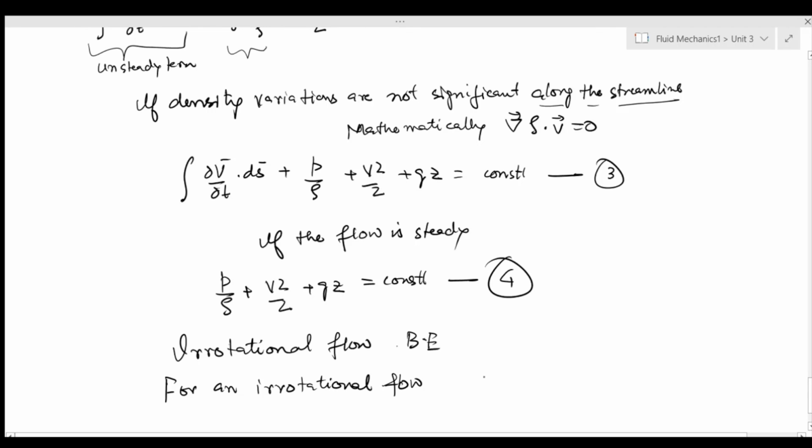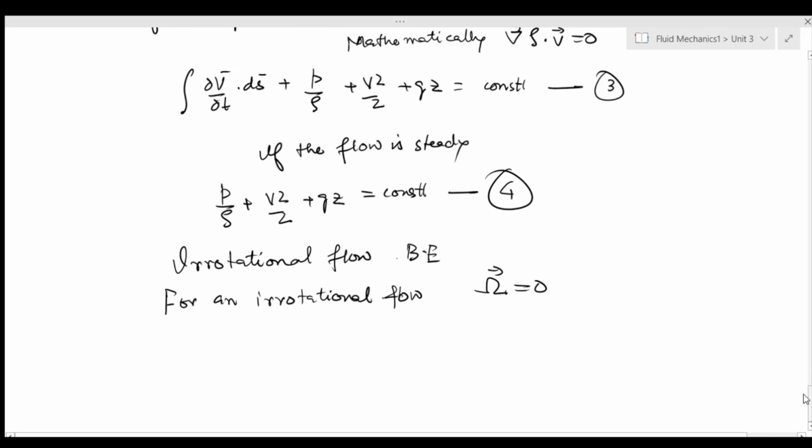For an irrotational flow, my vorticity vector is 0. So my equation 1 from the very start would have then reduced to simply del V by del T dot dl plus dP by rho plus V square by 2 plus Gz equals a constant.